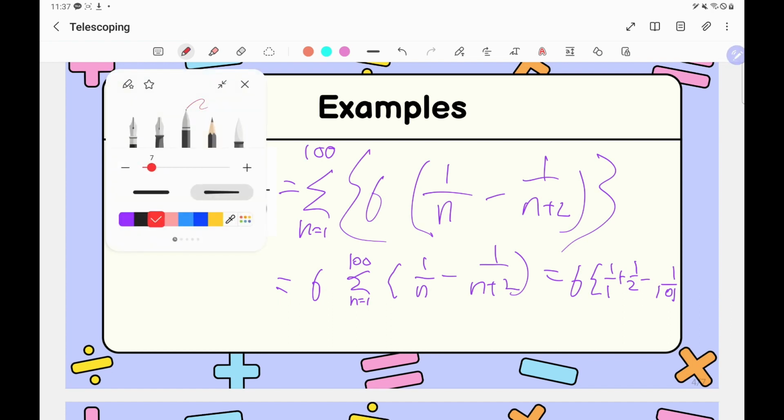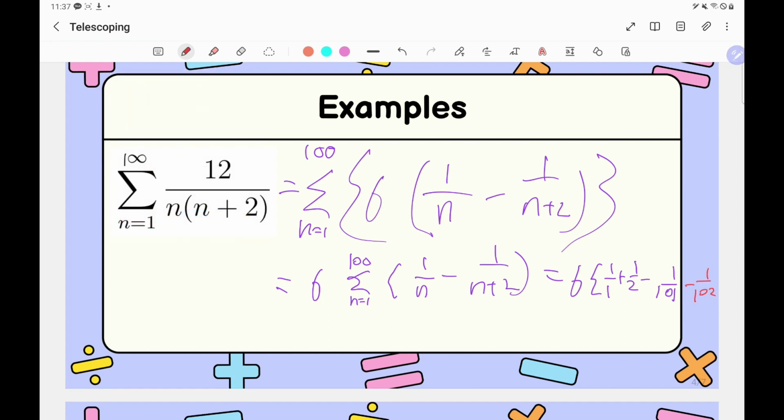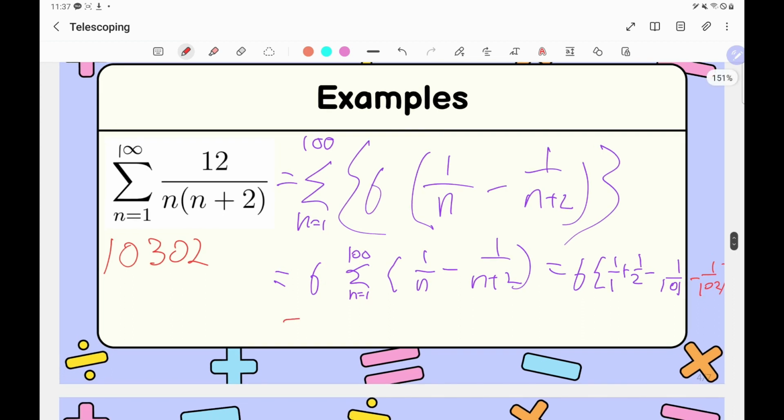So if we actually calculate this, it becomes critically hard to calculate, but anyways, let's just calculate it. 101 times 102 equals 10,302. You know that x squared plus 3x plus 2 equals x plus 1 times x plus 2, so this is 10302 over 10302.